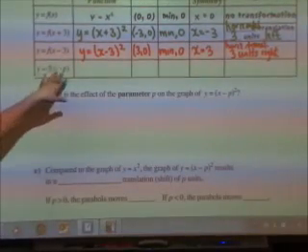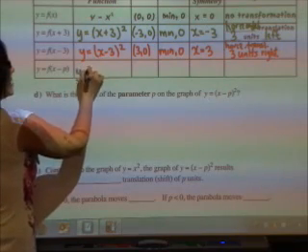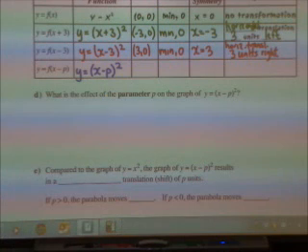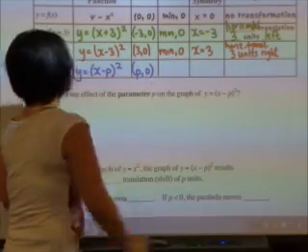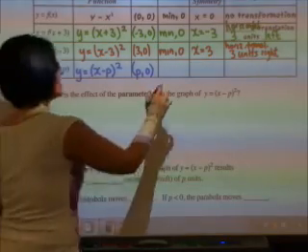So if I have y equals f of x minus p, my equation would be (x minus p) squared. What would my vertex be? p and 0. Min or max? Min, of 0.